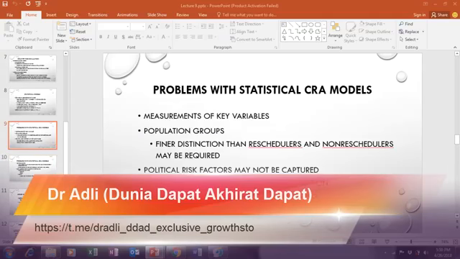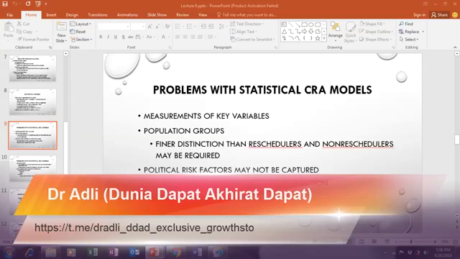Okay, the political risk factors that may not be captured, for example, strike, corruption, election, revolution. The Corruption Perception Index. For example, figure 14.2 is the Corruption Perception Index in 2015, the source of which is Transparency International, June 2015, www.transparency.org.